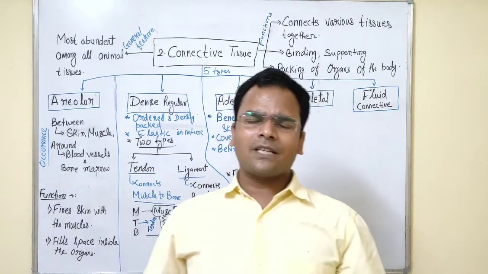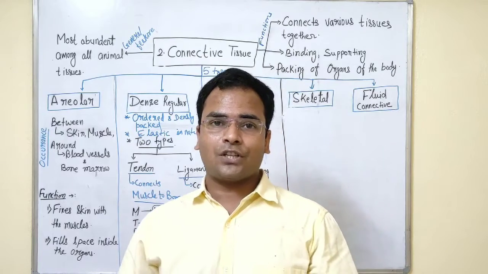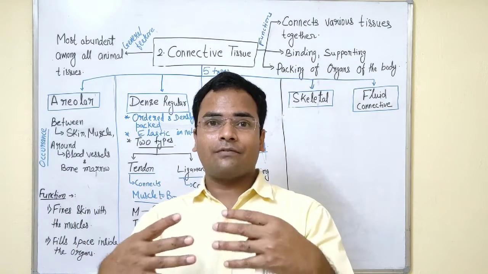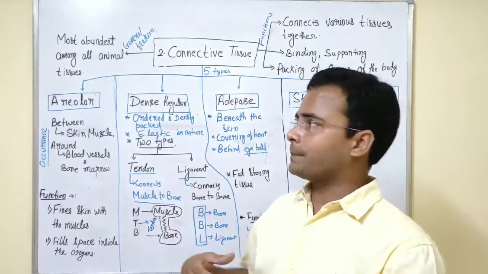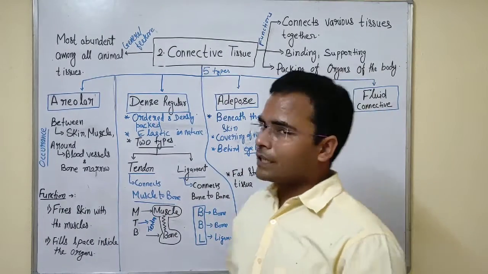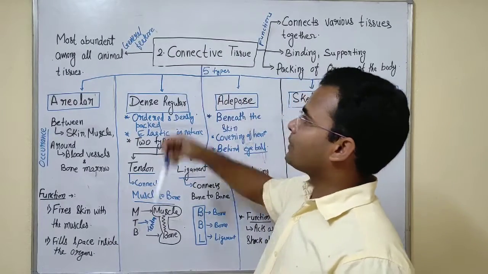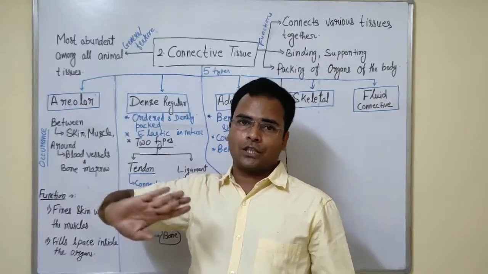As it is clear from its name, it is connective in nature. It is a connective tissue. Its role is to connect the different body organs, the different parts of the body. If we are talking about the general feature of the connective tissue, they are the most abundant among all the animal tissue.